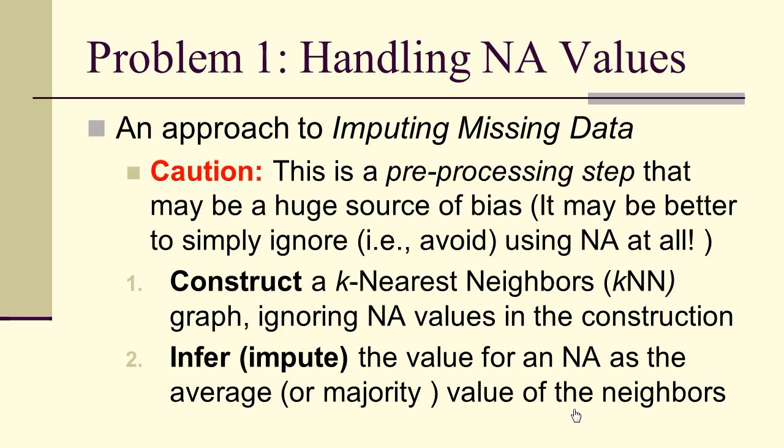However, given that, to impute missing data we simply construct the k nearest neighbors graph, ignoring the NA values in the construction, and then we infer or impute the value for an NA as the average or majority value of the same feature from its k nearest neighbors.